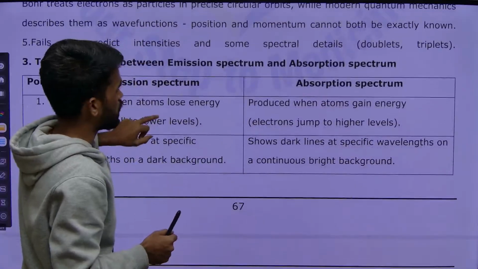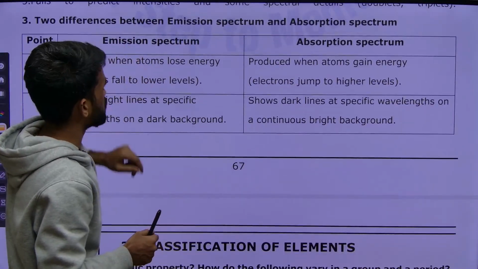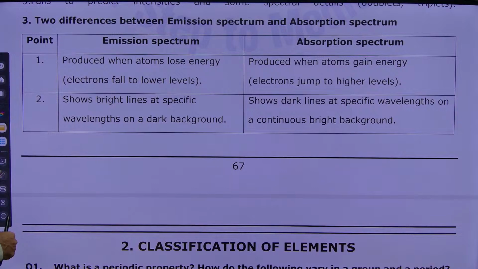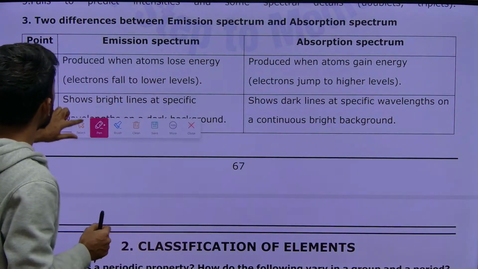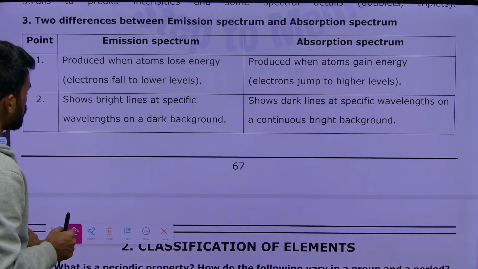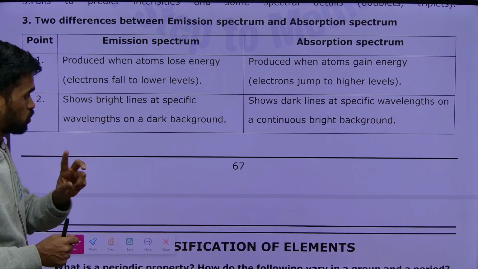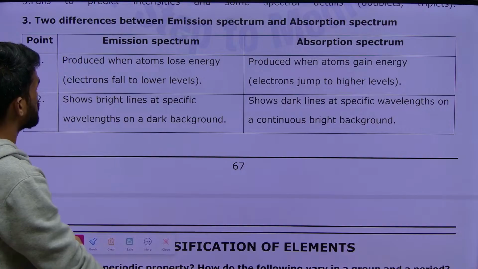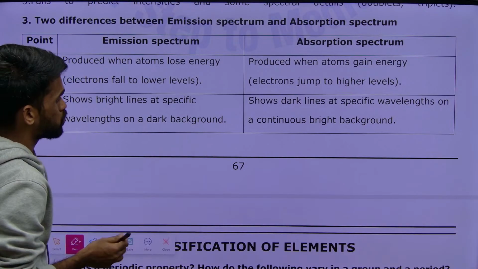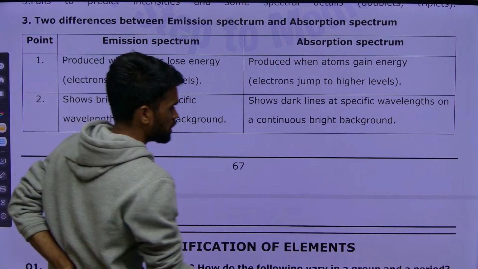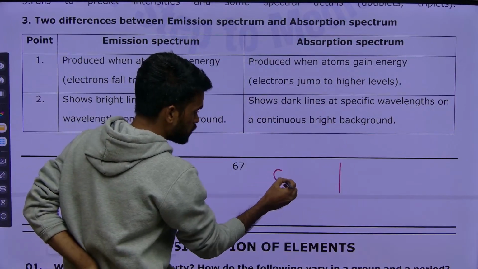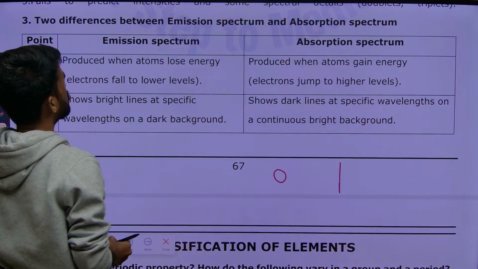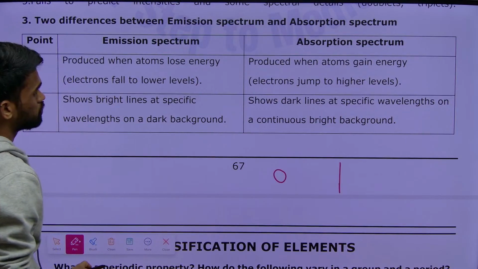Now I just want to explain emission spectrum and absorption spectrum, because this is the extra part added into the question now. How can you understand this? See, there are two main differences between emission spectrum and absorption spectrum. Just imagine there is a photographic plate over here. Now here I have an atom.